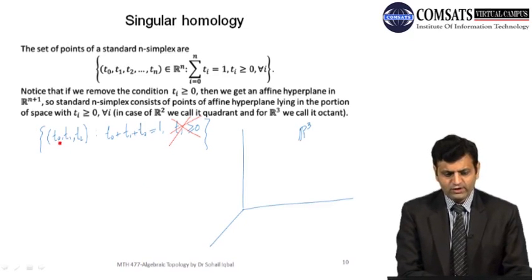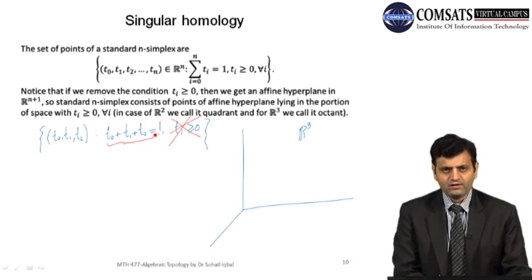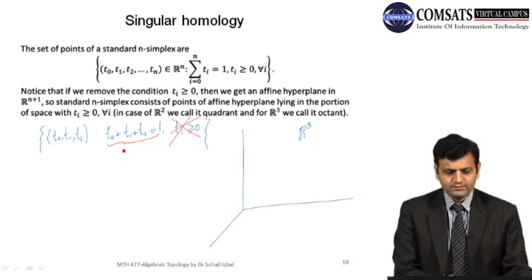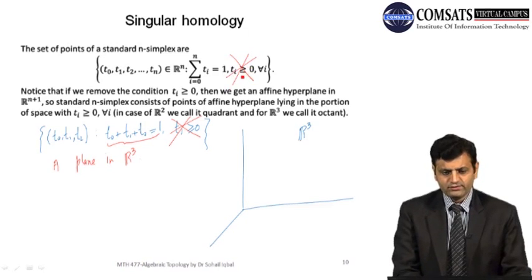So basically it is the set of points t0, t1, t2 such that the sum t0 plus t1 plus t2 is equal to 1. You know it from calculus that this is basically a plane in R3. Similarly, if you go to higher dimensions and drop this condition that ti are greater than or equal to 0, then this is going to be a hyperplane.